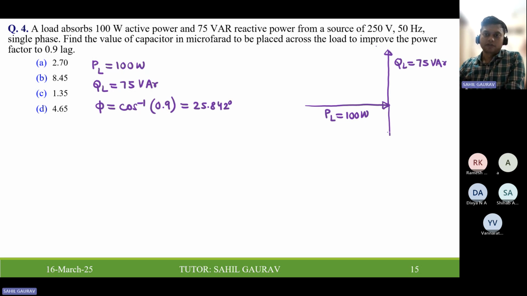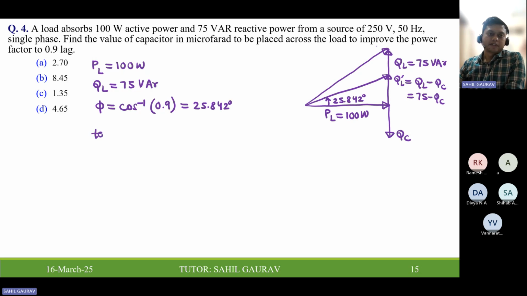And now we are doing compensation. So QC we have to find, and the power factor angle after compensation is given. Let us write the reactive power demand after compensation is QL dash, so it is QL minus QC, that is 75 minus QC. This angle is 25.842 degrees.